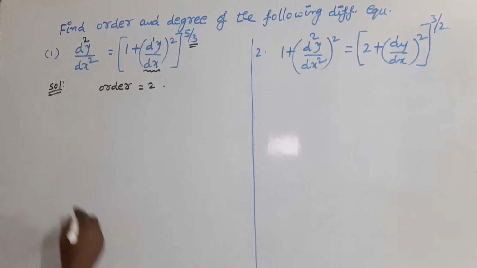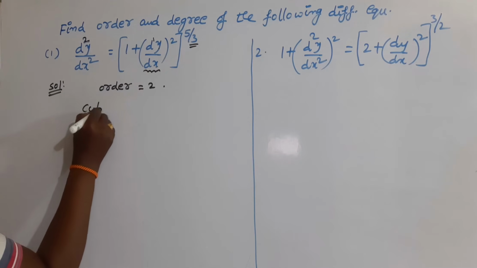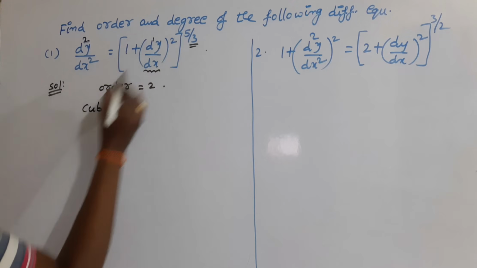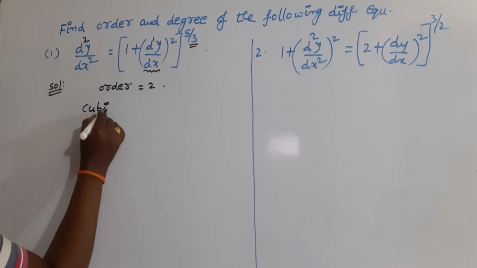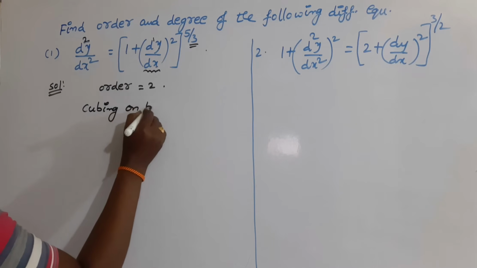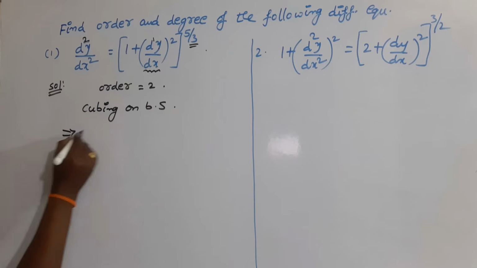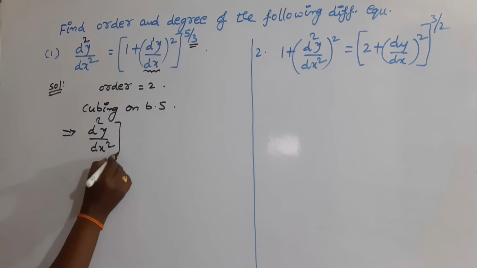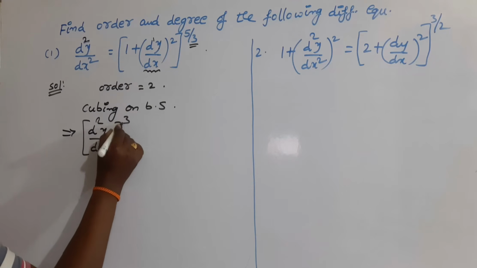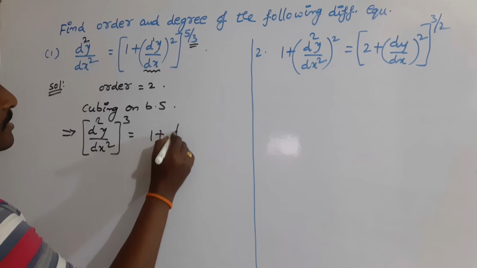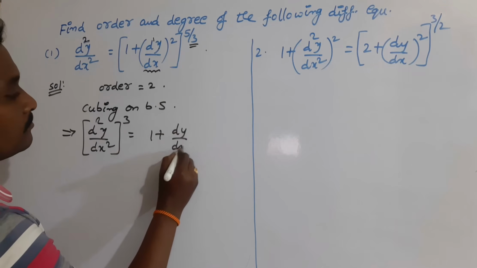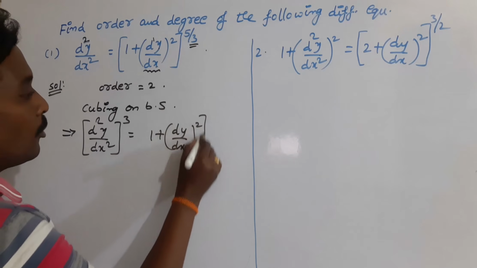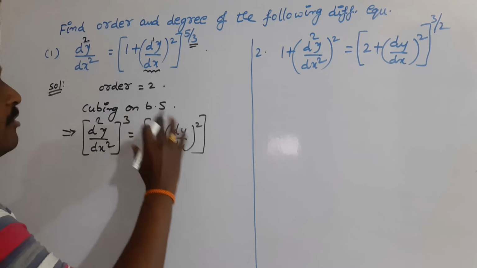For that purpose, cubing on both sides. Since it has whole power 5 by 3, cubing on both sides. You will get d square y by dx square whole cube is equal to 1 plus dy by dx whole square whole power 5 by 3 whole power 3.